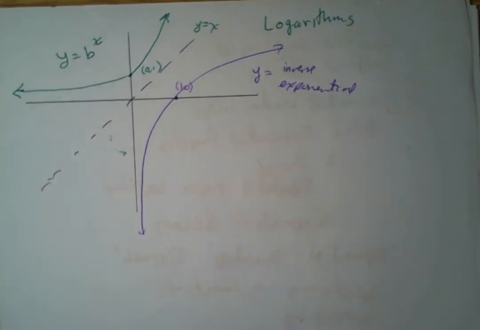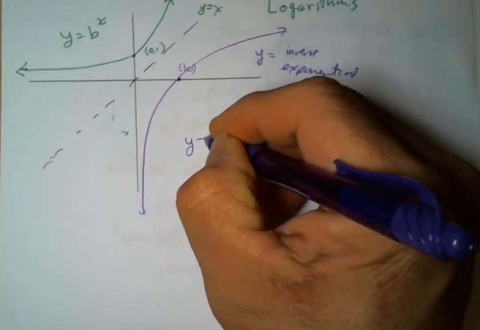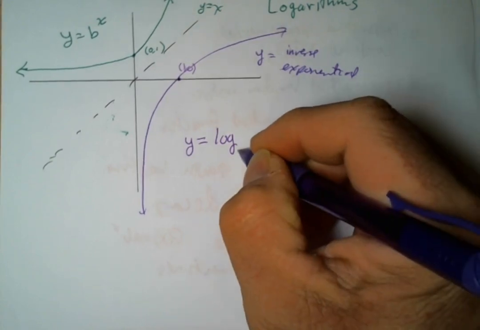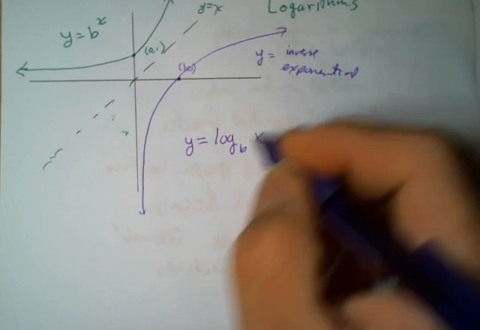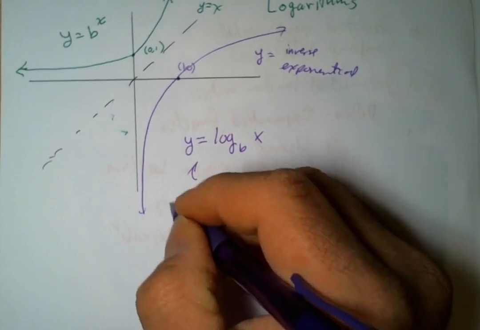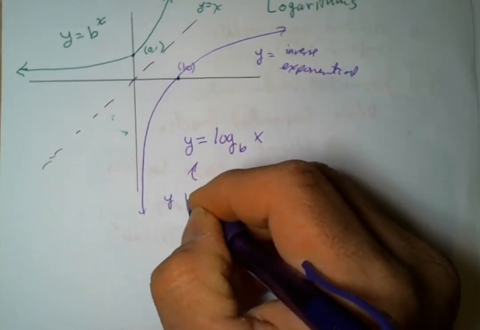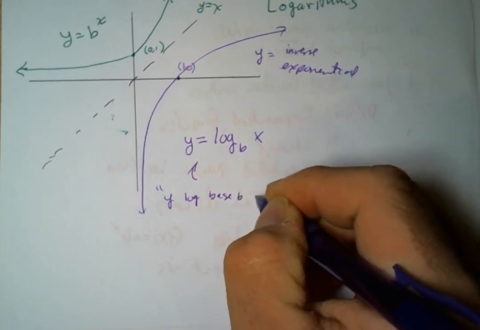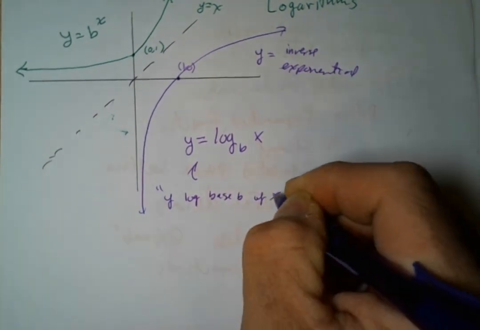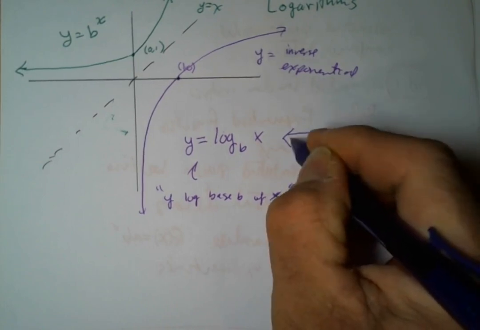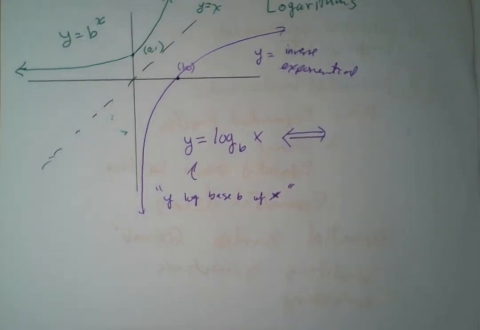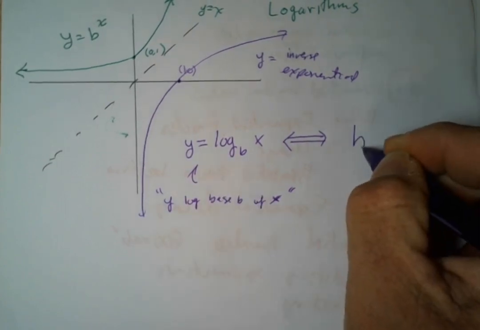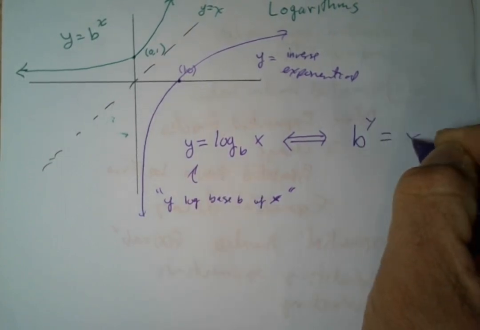In general, algebraically at least, we use this notation here: y equals log base b of x. That is how you pronounce this statement, log base b of x. This statement is true if and only if this exponential is satisfied.